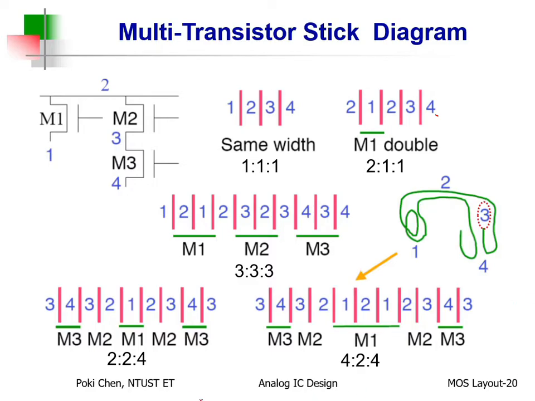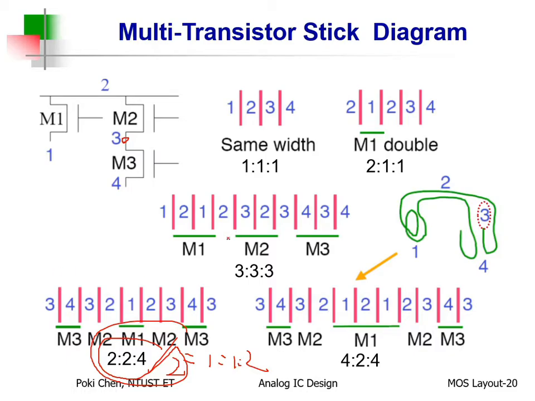Okay, for the other example, 2, 2, 4. What can you do? To make it the best, I start from here. 2 to 4 divided by 2 means 1, 1, 2. I try to make a common centroid for you. That is my recommendation: if possible, divide the fingers by 2.